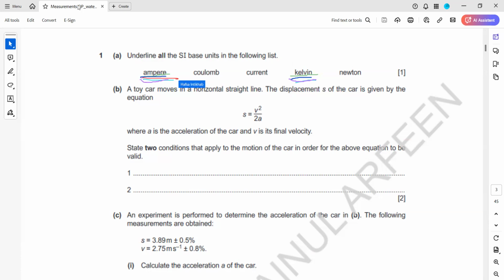So when we talk about the coulomb, it is not the base unit, it is a derived unit.